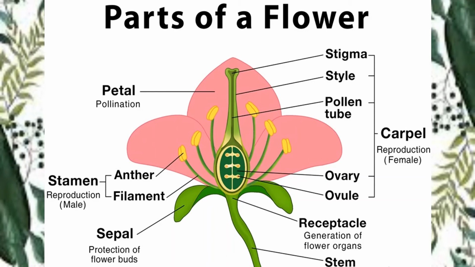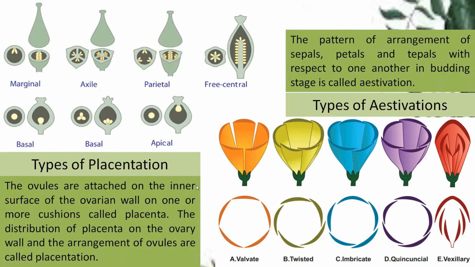Perianth means when the petals and the sepals remain attached, they are called perianth, and the unit of perianth is called the tepal. It can be valvate, see, this is the arrangement.